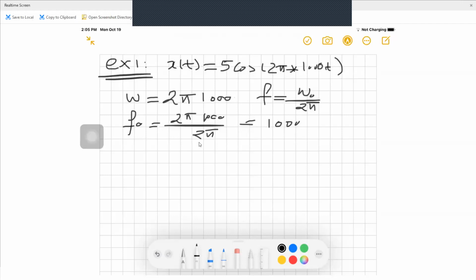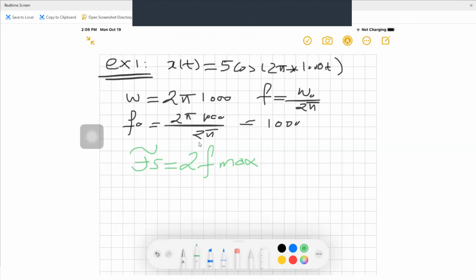Well, now, according to the Nyquist criteria, in the previous week we said that the Nyquist rate Fs is equal to 2F max. Now, what will be the F maximum in this example? Do you hear me or not? 1000 hertz.